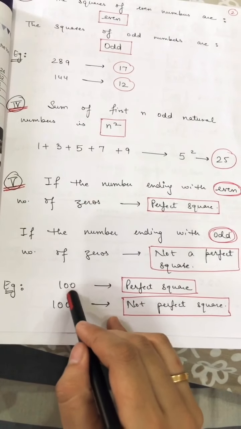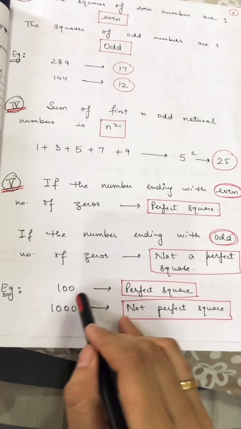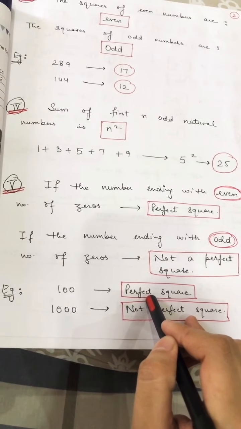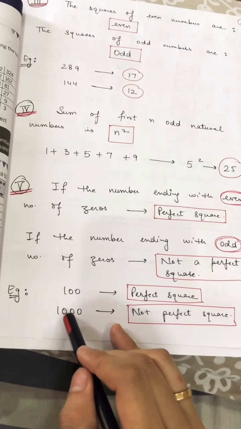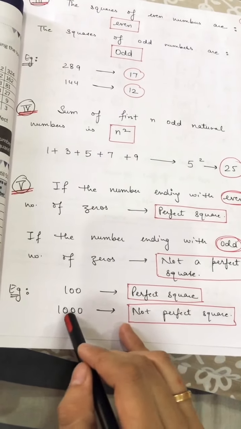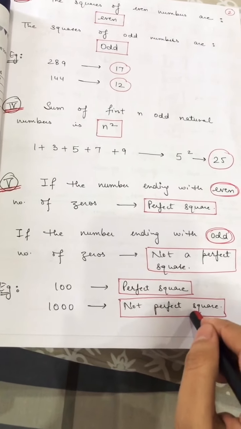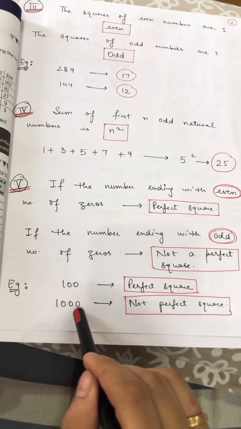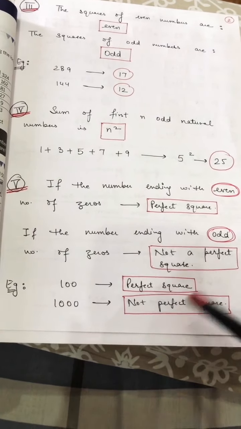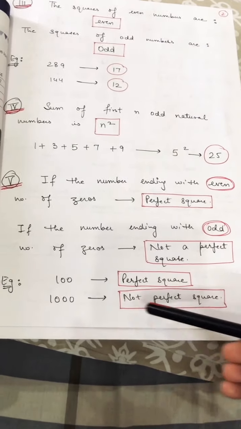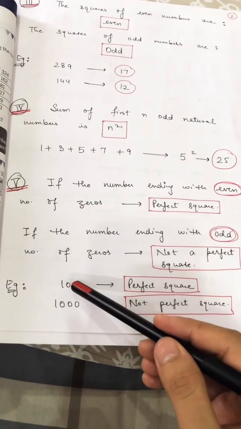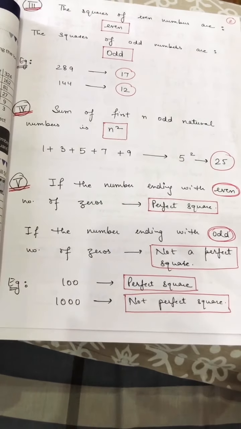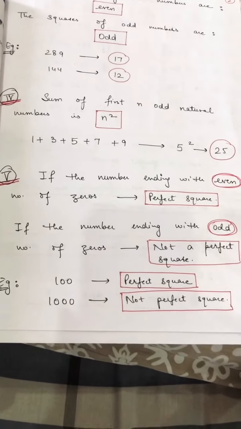If the number of zeros is even, that is a perfect square. If the number of zeros is odd, like 1 or 3, that is not a perfect square. So you can simply give the answer from the number of zeros.